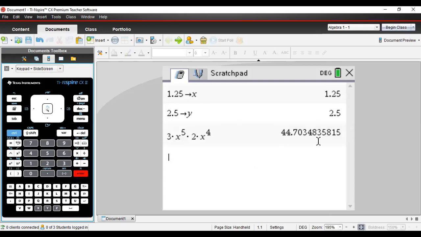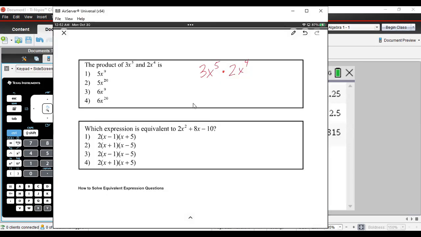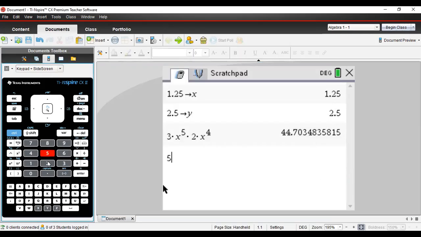I get 44 and about 70 cents, but I'm just going to go through the answer choices, and I am going to look for the one that matches. So let me type in 5x to the ninth first, press enter. That doesn't match. So I go to the next one. It's going to be 5x to the 20th. So I copy it and I just change that to 20.